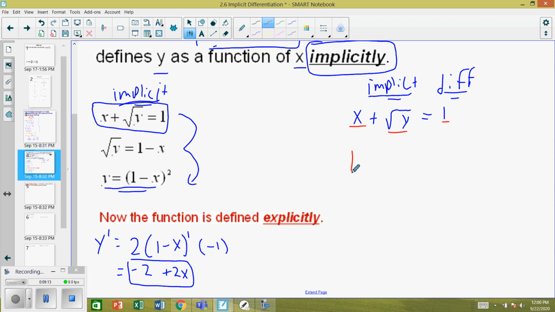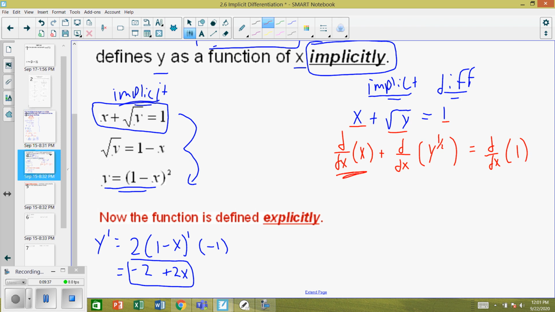And actually, I'm going to write it this way. Just this one time to help us see it. Okay. We're going to take the derivative of each piece. So I'm clearly showing you we are taking the derivative of each piece. That's what it means to do implicit differentiation.